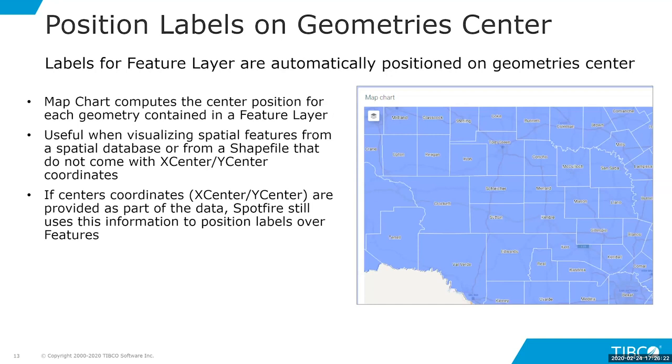Now Spotfire actually calculates these coordinates automatically and positions the label correctly on the feature. So that's a usability improvement, especially for those customers that are using the spatial features of Oracle or SQL Server or Postgres.